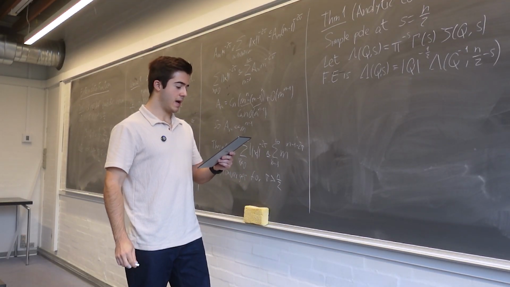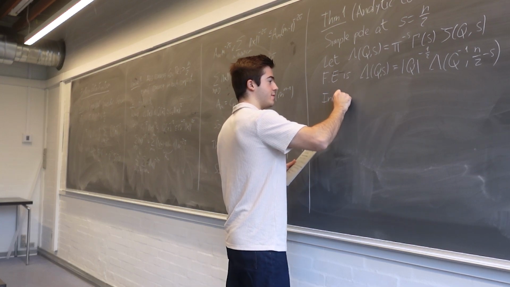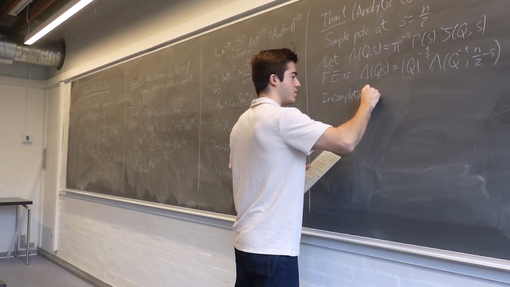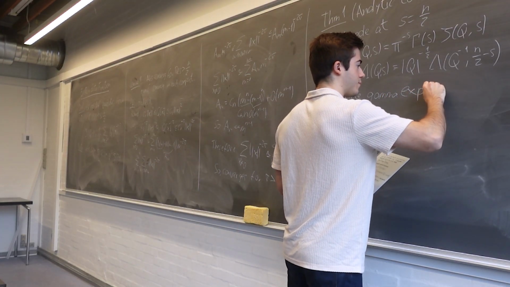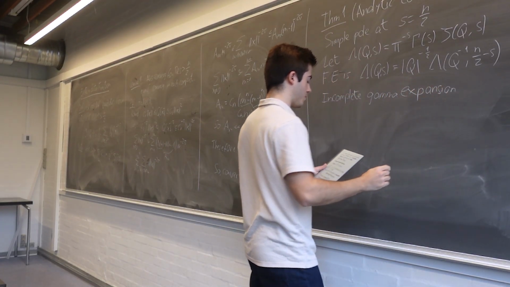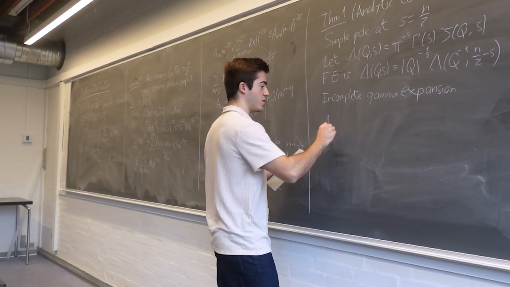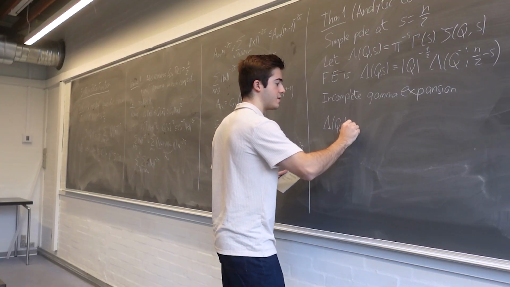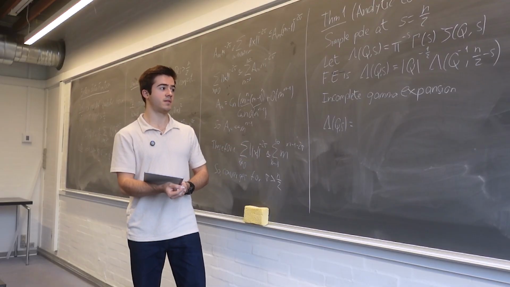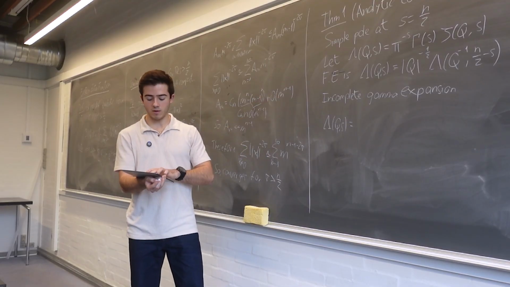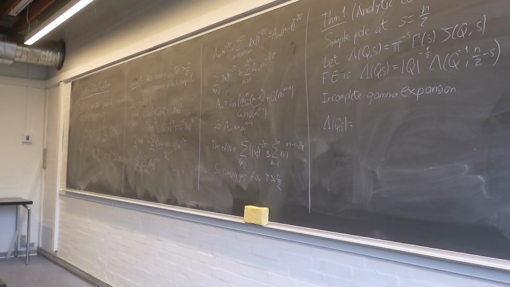Okay, and part of this theorem is also this incomplete gamma expansion, which gives an expression of this complete Epstein zeta function in terms of another function which I'm going to write here, called the incomplete gamma function.